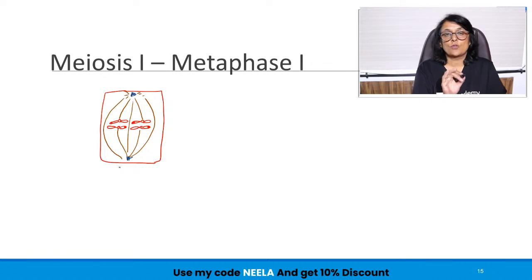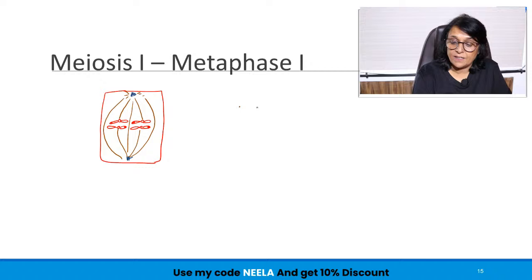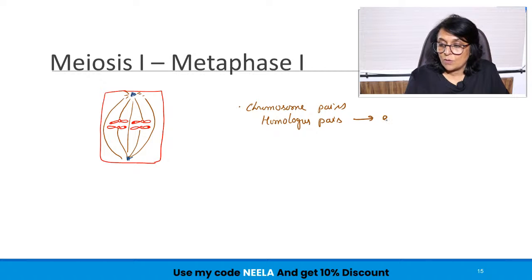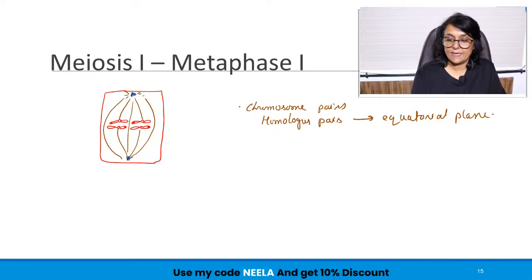In metaphase, chromosomes are going to come and align on the metaphase, but here chromosome pairs, that is homologous pairs, align on the equatorial plane.